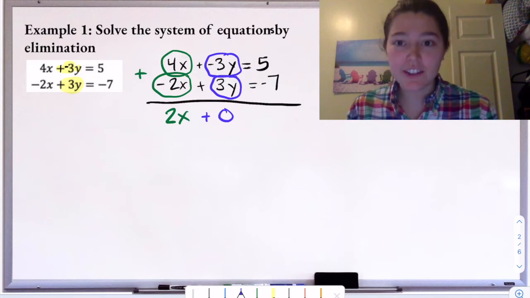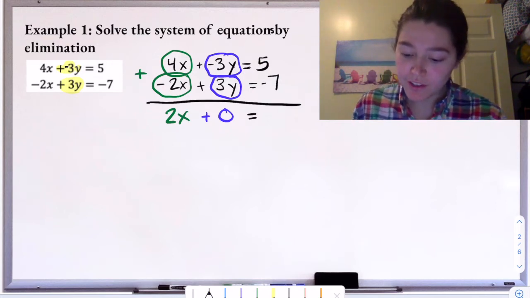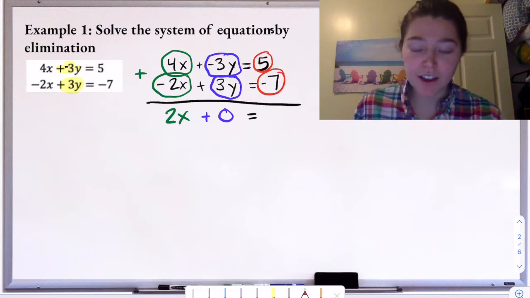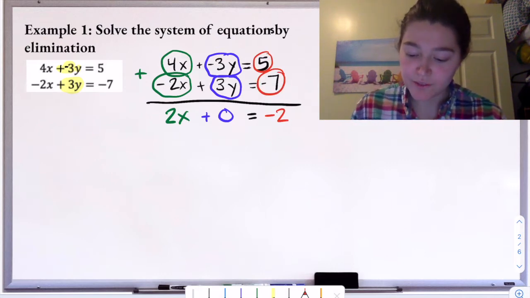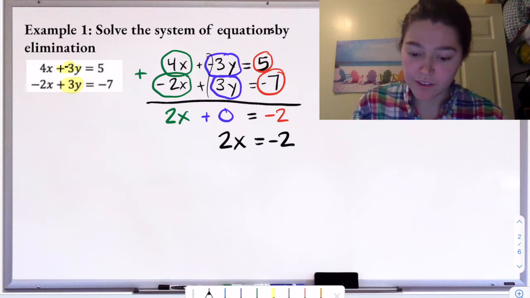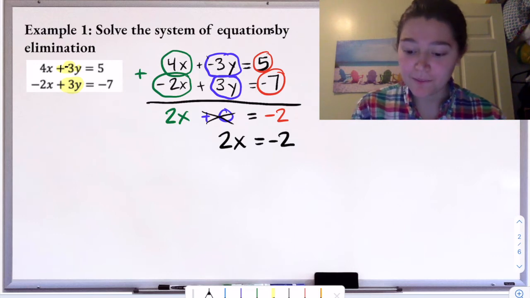It goes away, we're getting rid of our y term. And then here we have 5 plus negative 7, which is negative 2. So then I just get this equation, 2x equals negative 2. Of course, adding 0, we don't need to write that, because adding 0 does not do anything.